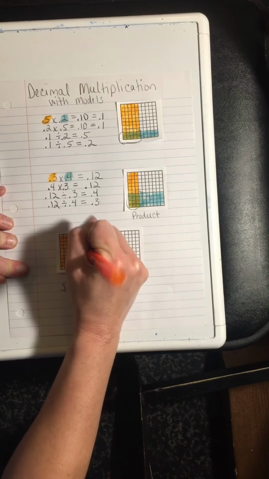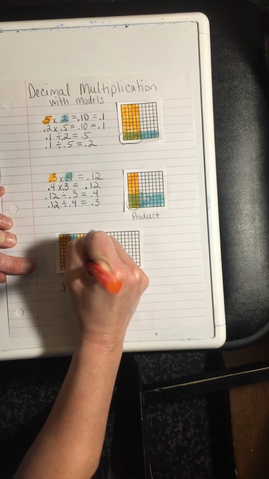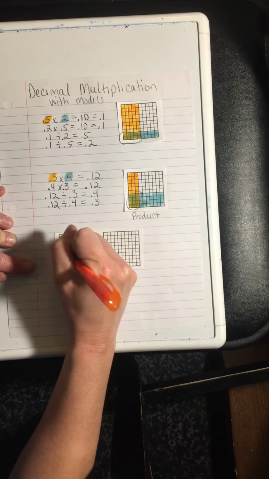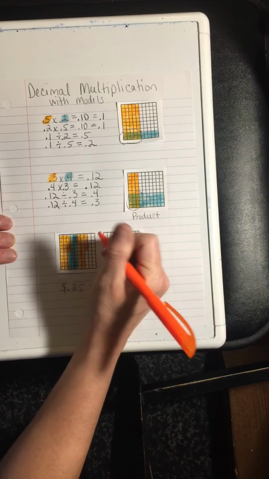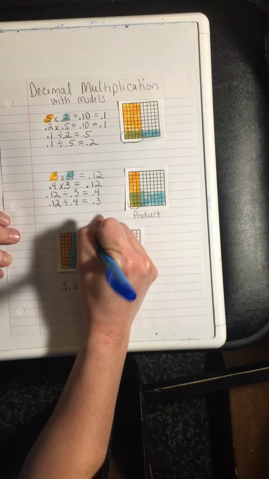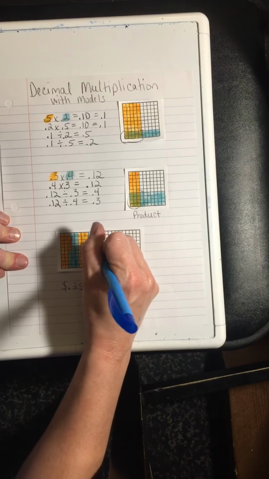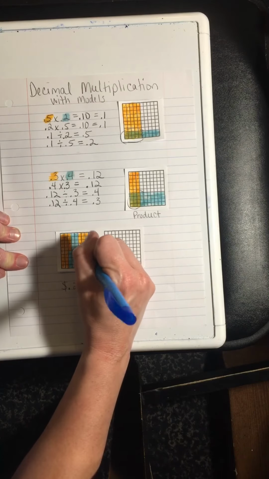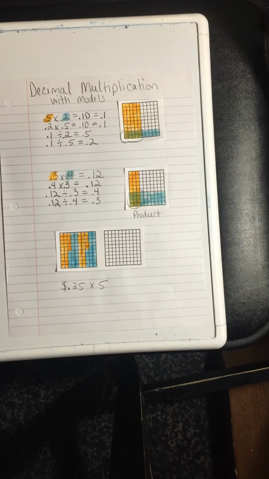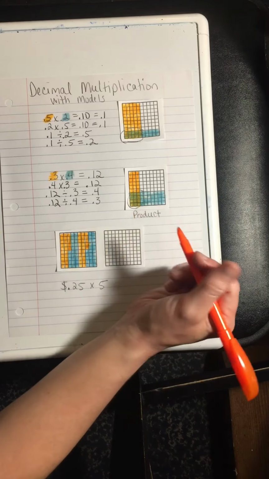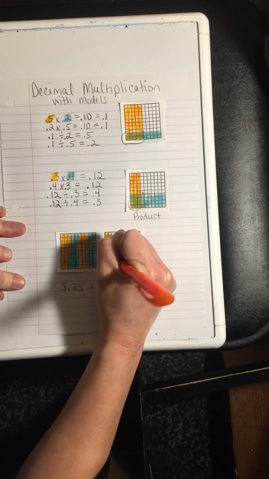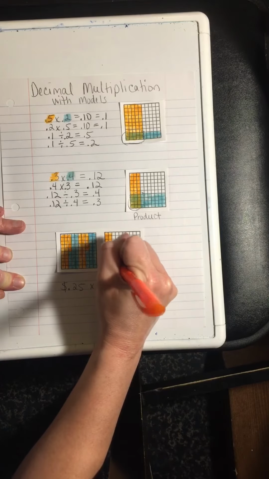And the pattern just continues for 5 times, because that's what I'm multiplying by. Now, what just happened when I colored in all of the hundredths? That's correct. I just created 1 whole and actually $1. Very good, guys. I know you had the right answer to that.